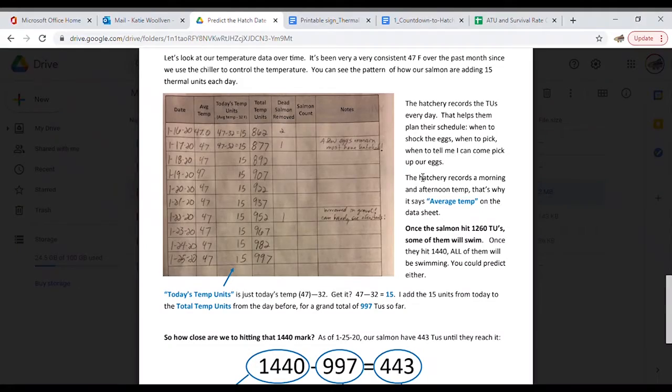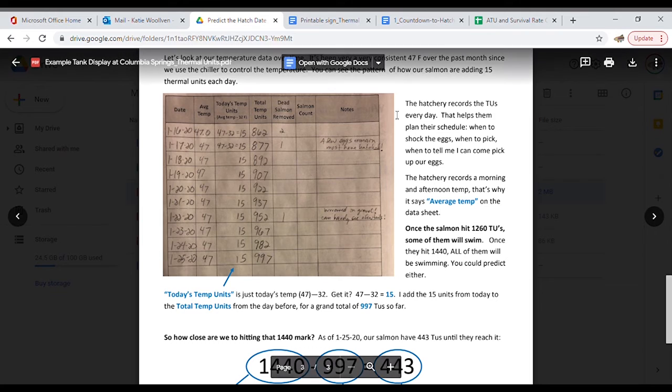So what I just showed you was me figuring out and estimating when the eggs are going to hatch, and to see if that was going to happen before I get the eggs to you. And now what I want to show you, since it looks like we're probably going to miss the opportunity to predict the hatch date with students, is to look at something to help us predict the emergence date and when the fish will start swimming. And we're looking here at data from last year.